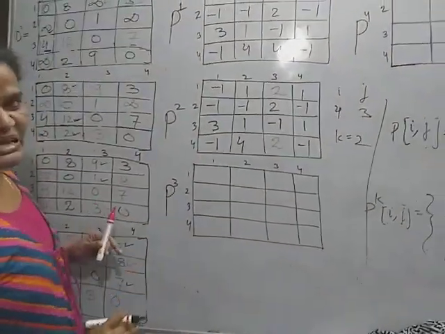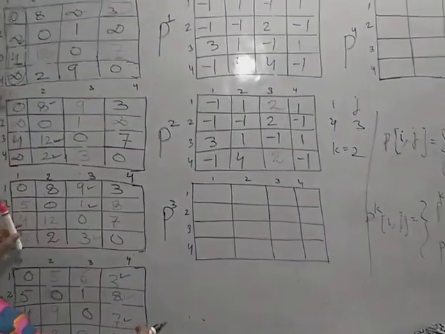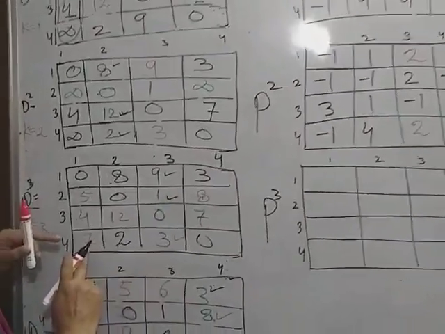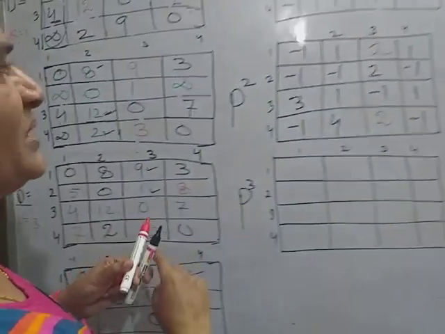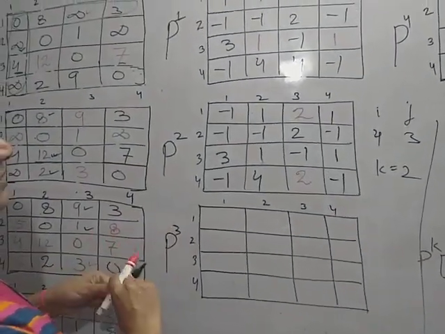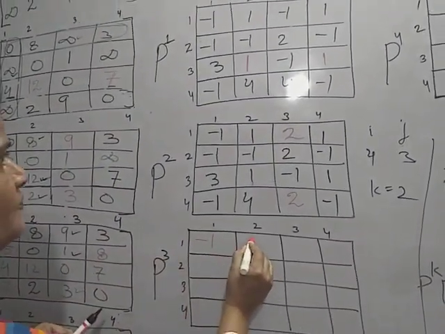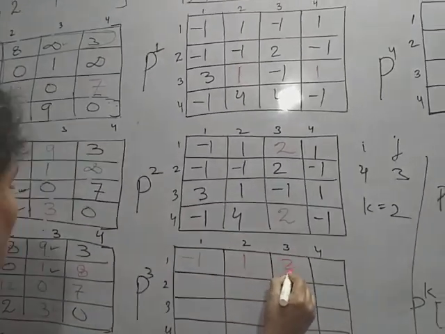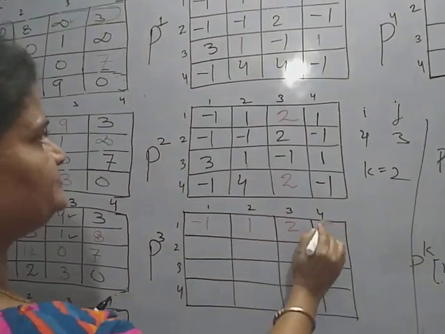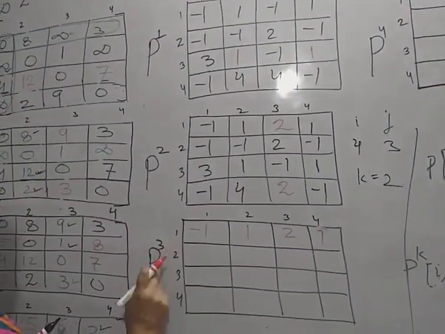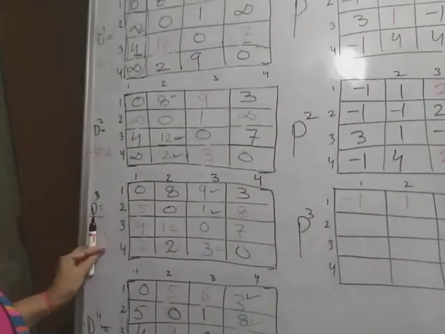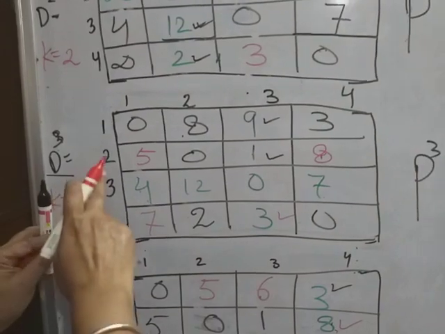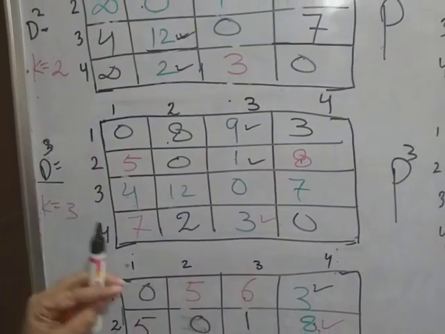Now come to P3. In P3 simply there are 3 entries, okay. So except these 3 entries I will copy all the entries from P2. So minus 1, 1, 2, 3, 1. Then this entry is changed. This entry change means 3 is an intermediate vertex in the path from 2 to 1, okay.